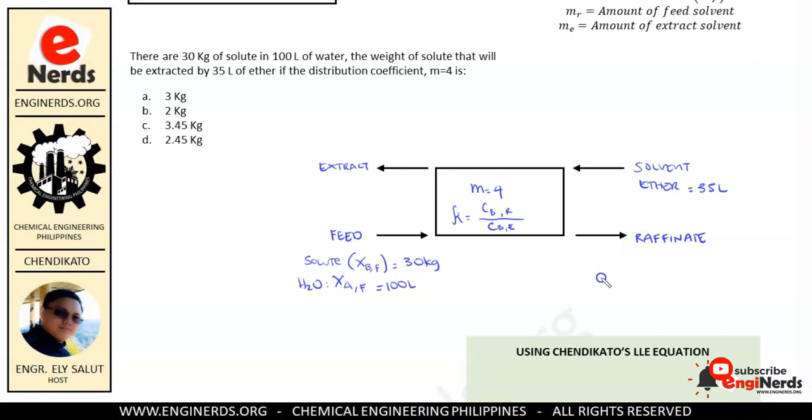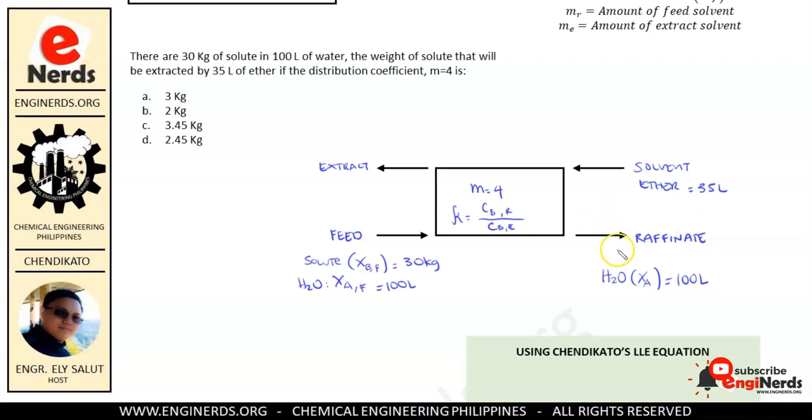Okay, at this point, alam natin that they are immiscible. So, our feed solvent will be the same in here sa ating raffinate. So, we'll have here XA is also equal to 100 liters. So, yan ang volume ng water natin dito sa raffinate.